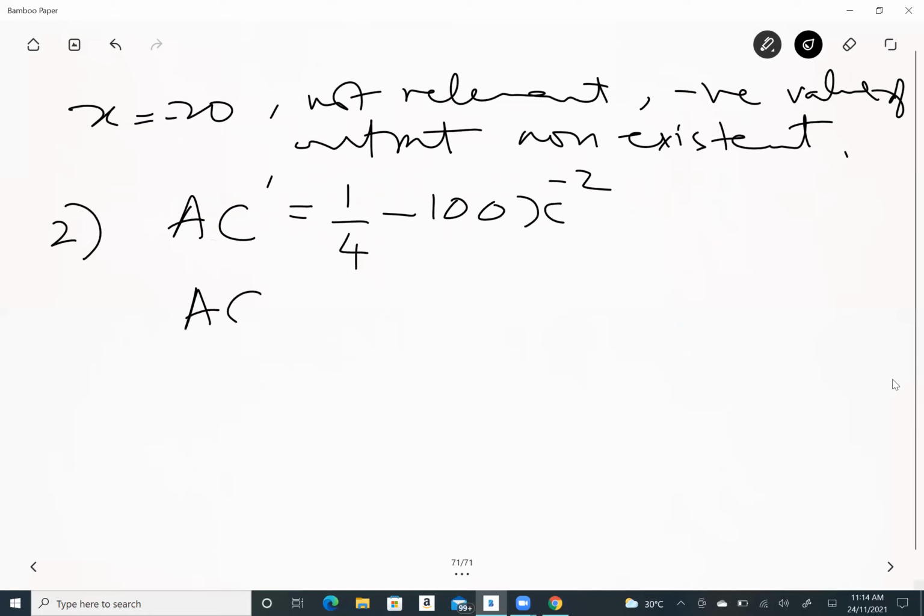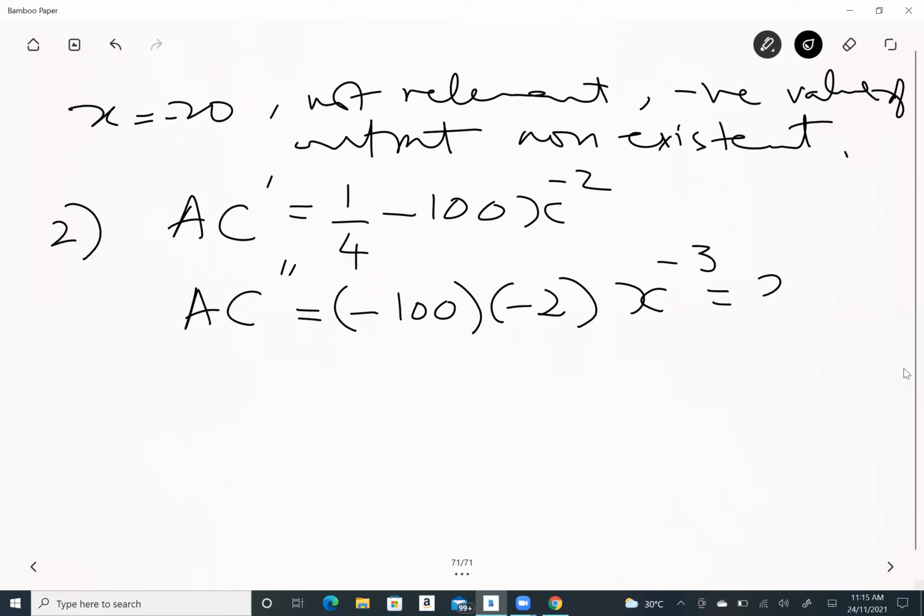So you take the second derivative. What do I get? I get 100 negative, bracket there. So negative. Then you got negative 2, and then reduce the power by 1, negative 3. So now, simplify a little bit. I got 200 divided by x cubed. So that is our AC double prime.